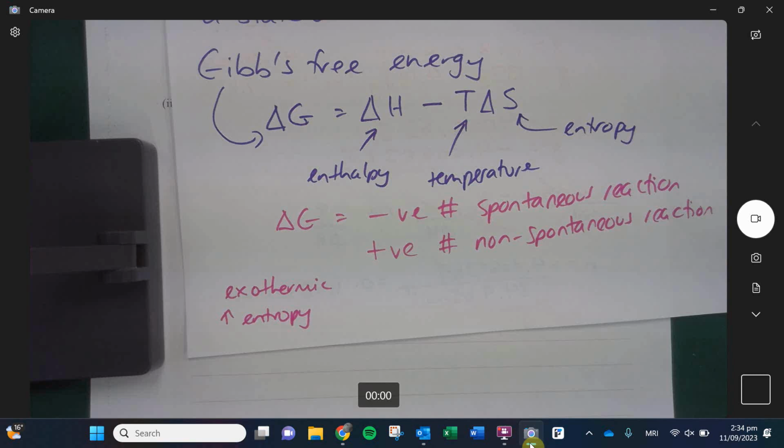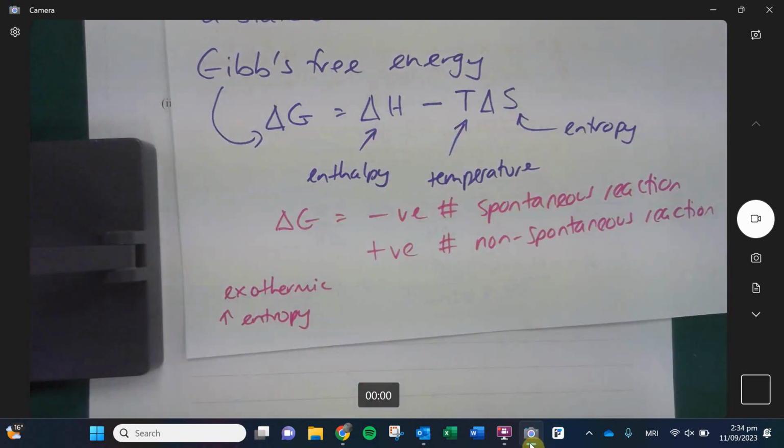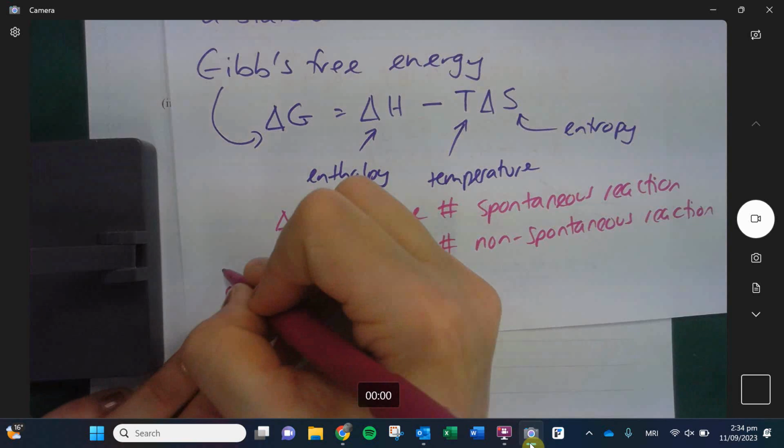Because I'll always get a negative number. The enthalpy would be negative, and it's going to subtract a negative number as well. So since I'm doing a negative number minus a negative number, it's always going to be a negative number. Math. Yeah? So we have a negative and a negative. It's going to always be spontaneous.